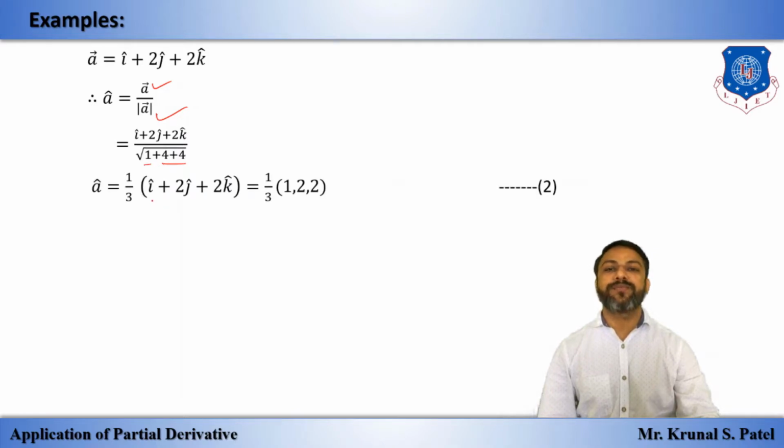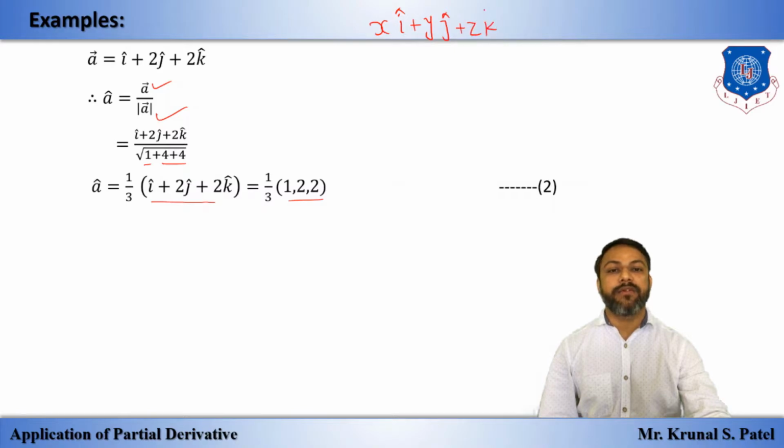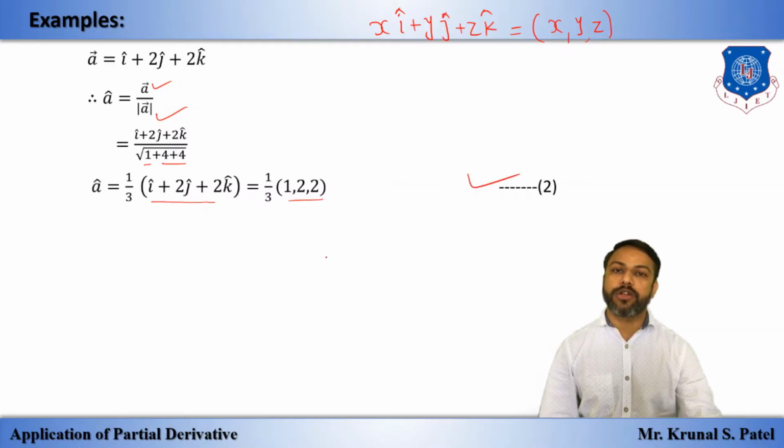So 1 by 3 into i plus 2j plus 2k. And i plus 2j plus 2k we can write in this format, as we have seen at school level, that xi plus yj plus zk vector can be written as x comma y comma z. This is our equation number 2.